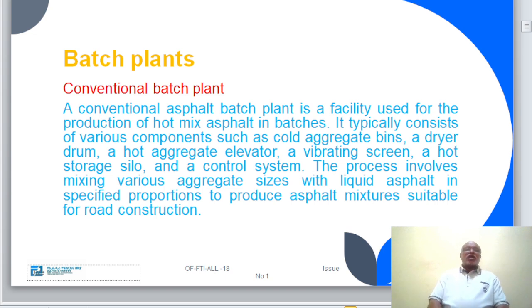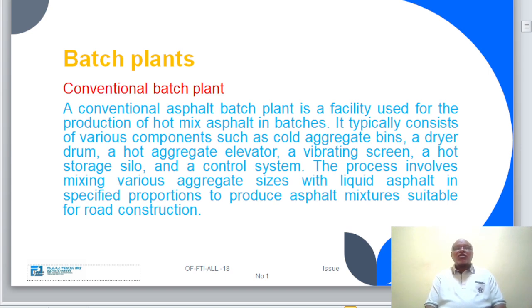Cold and damp aggregates outflow from feed bins and a conveyor belt are fed into the rotating heater drum, where they dry and obtain the desired temperature. Feeder units are located under each bin to control the flow of aggregate onto the conveyor belt. To eliminate dust from the dryer exhaust, dust collectors are fitted.